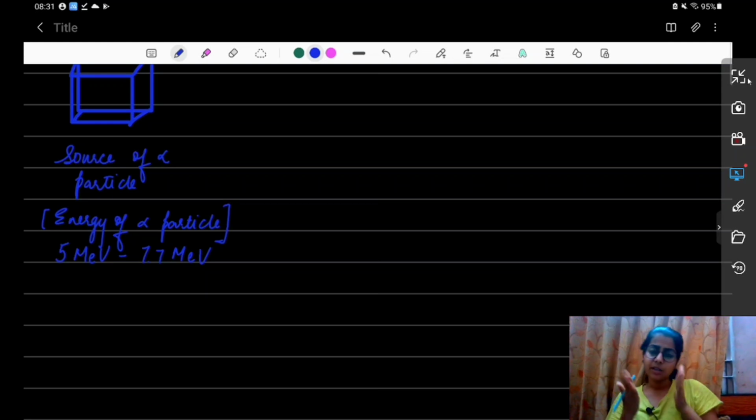Now they wanted a beam of alpha particles. They don't want the alpha particles to get scattered here and there. They want the beam of alpha particles to strike the foil.